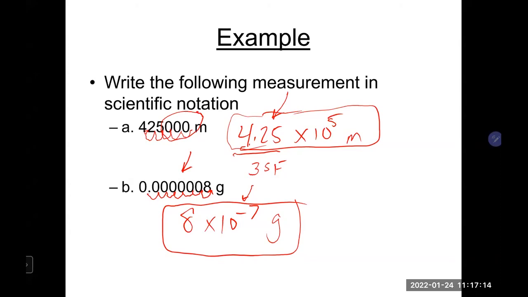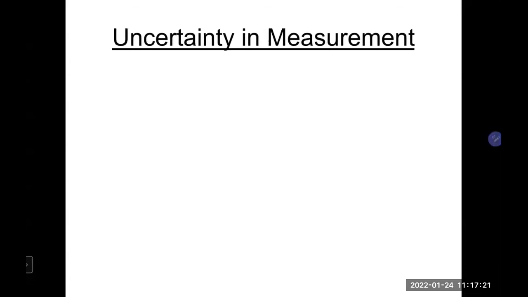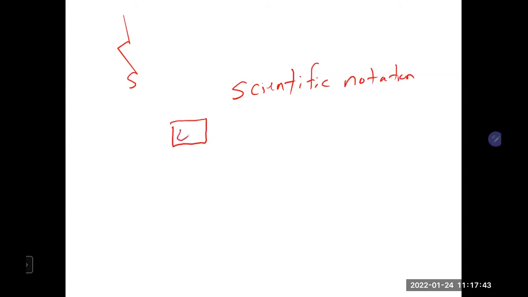More importantly, though, I think before we move off of significant figures is how to punch the scientific notation in your calculator. When you do scientific notation in your calculator, you should always use your exponent button, which is an EE button on most calculators.